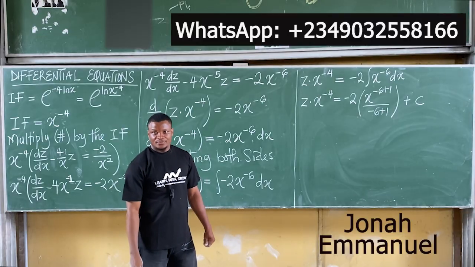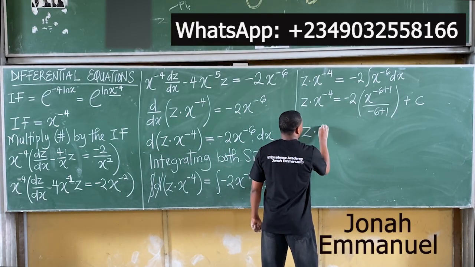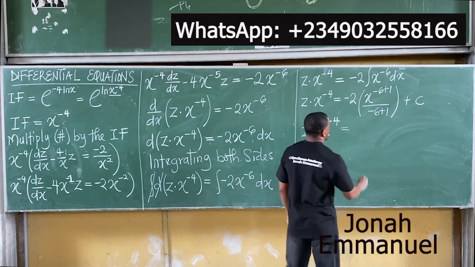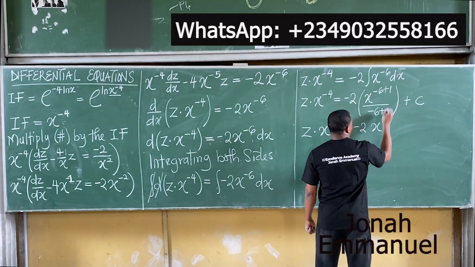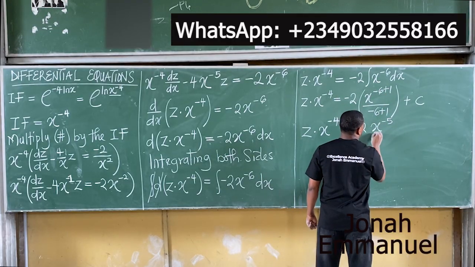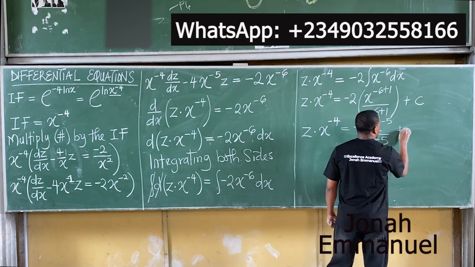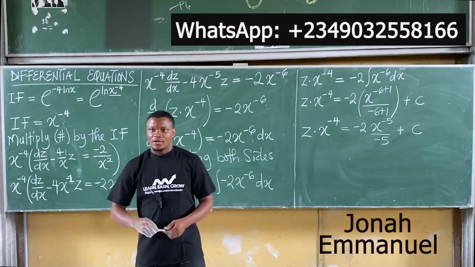Right. So in solving this, what do I have here? This is z dot x to the power minus 4. It's equal to, this gives you minus 2x to the power minus 6 plus 1, minus 5, all over minus 6 plus 1, minus 5, plus the constant of integration.